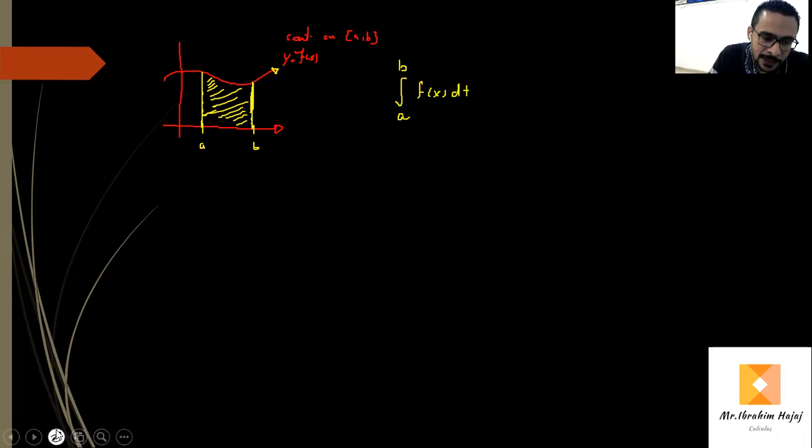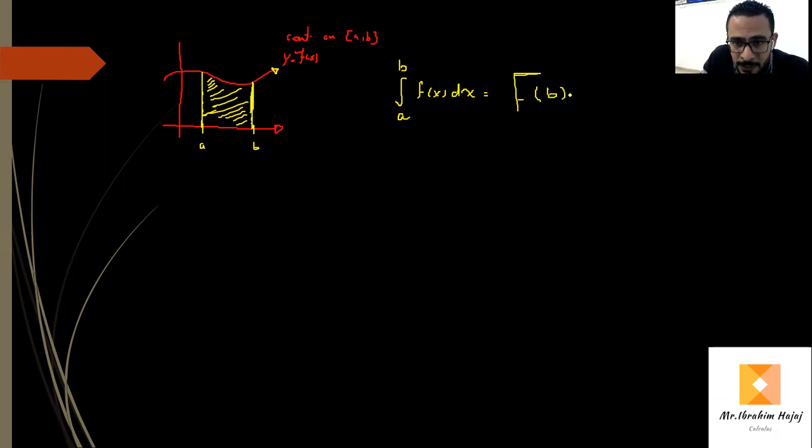We are working on x now, no need for dummy variables. The second part of the fundamental theorem of calculus states that this is equal to F uppercase of b minus F of lowercase a. F uppercase always represents the antiderivative of f of x.